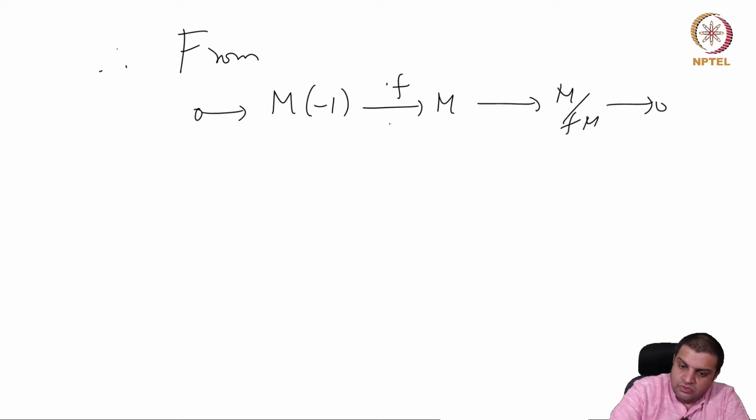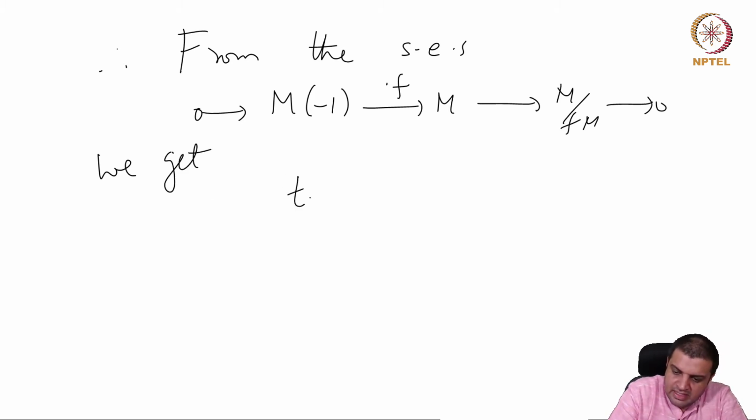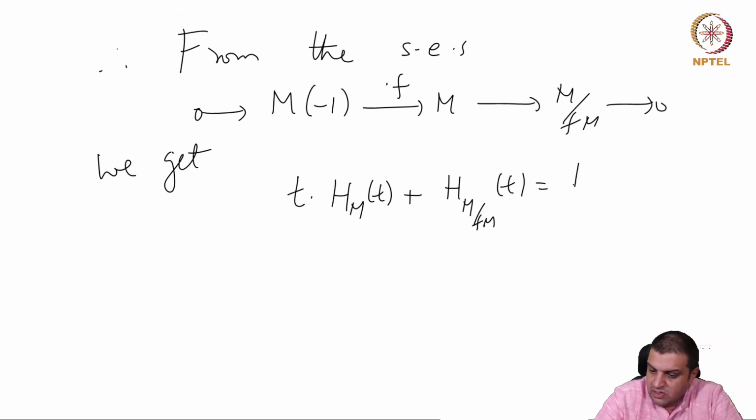Okay, now from the short exact sequence of degree preserving maps, we get that t times H_M(t) plus H_{M/fM}(t) equals H_M(t).